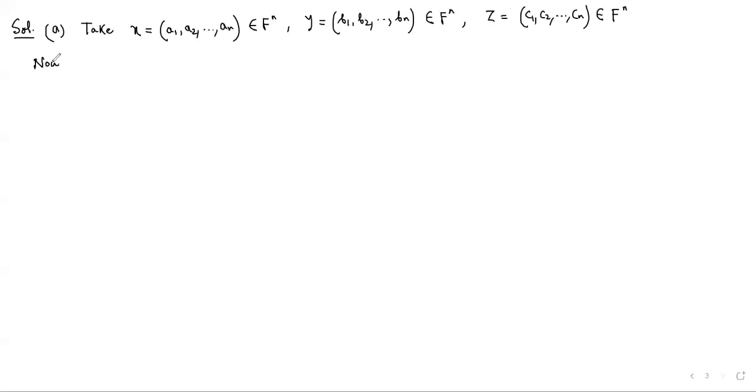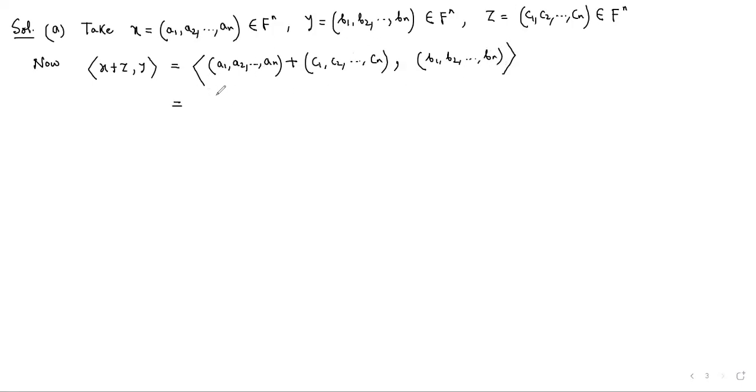Now (x plus z, comma y) means a1, a2, an plus, sorry, not b1, extremely sorry. It should be x plus z, meaning c1, c2, cn, and we are going to take the inner product of this with b1, b2, bn.